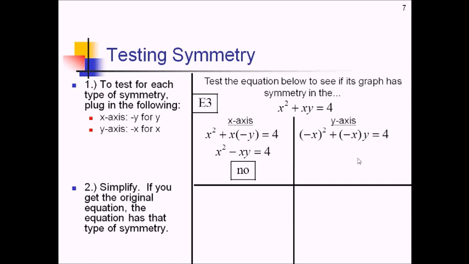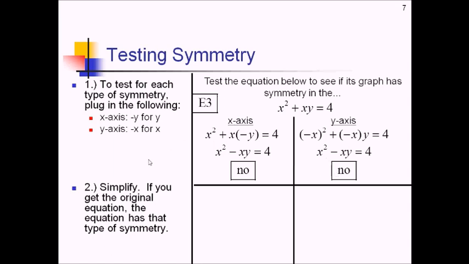Now be careful with your order of operations. This is going to be inside of parentheses so that when you square it, this still comes out to positive x squared. This, however, is going to be negative xy just like we had over here. So we actually end up getting the same result, and this does not have y-axis symmetry.